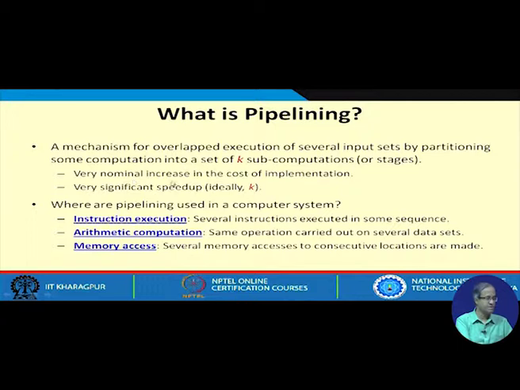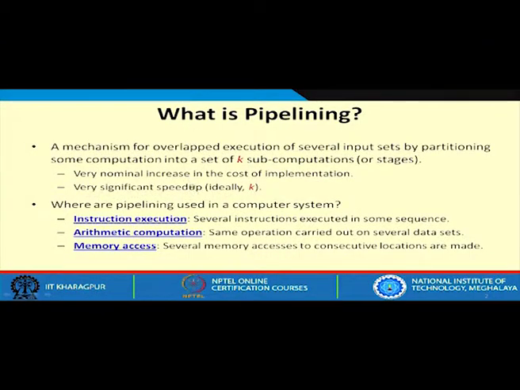We are not really investing in additional hardware, we are basically dividing the hardware we had into smaller functional sub blocks, and by doing that we get an architecture where we can get a speed up equal to the number of sub functional units into which we have divided our overall computation.